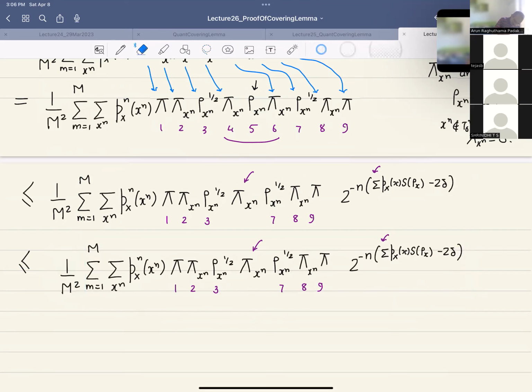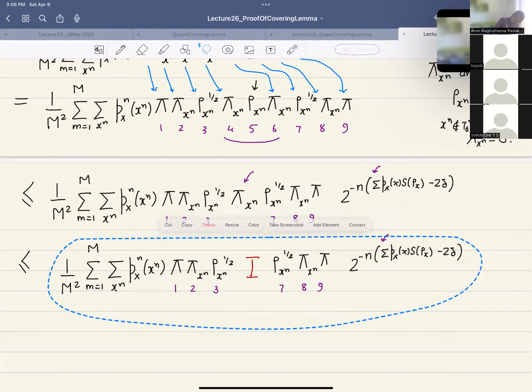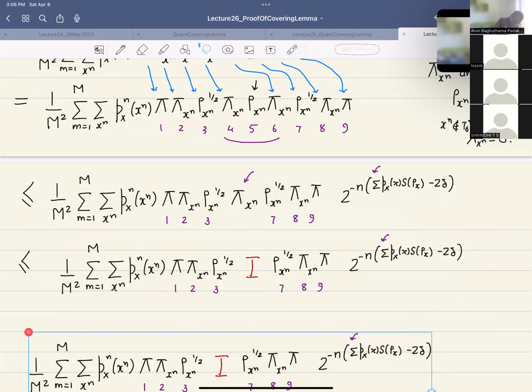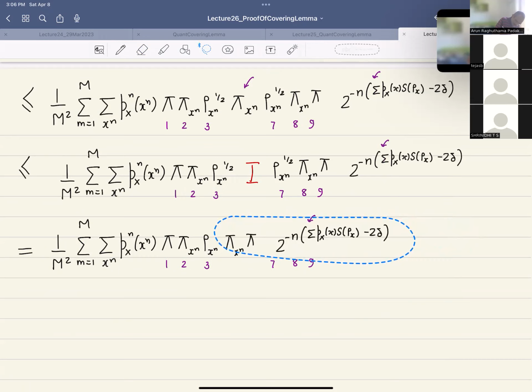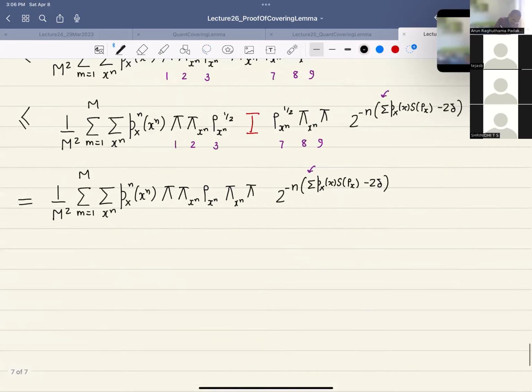Can I put an I in the middle? It's okay, right? You will permit me to do that. Great. No big deal. Get rid of the I, just collate the terms. Nothing big. Now what?